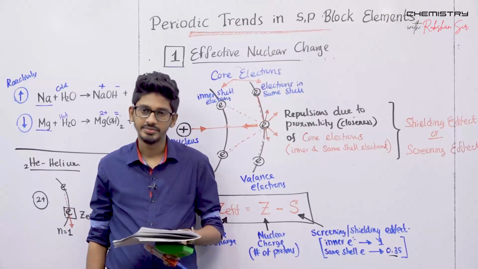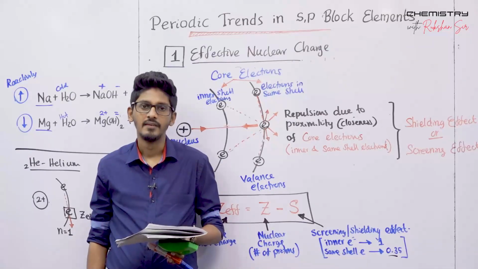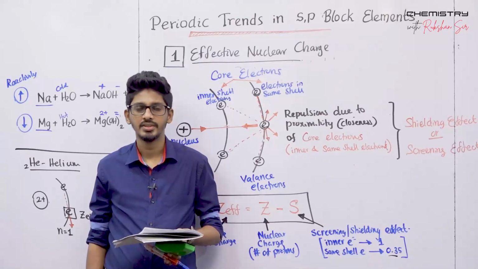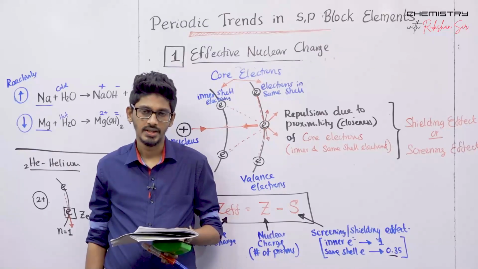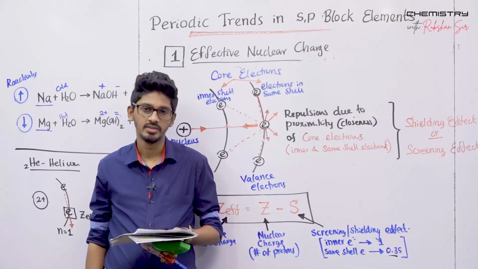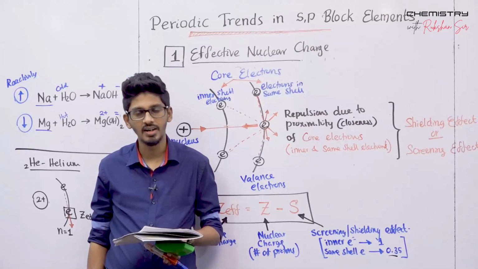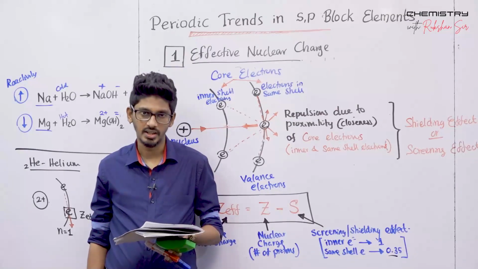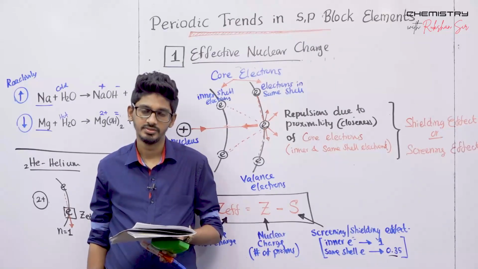The effective nuclear charge, within brackets, which is there with all the atoms, come to the red color and write other than hydrogen, close the brackets.